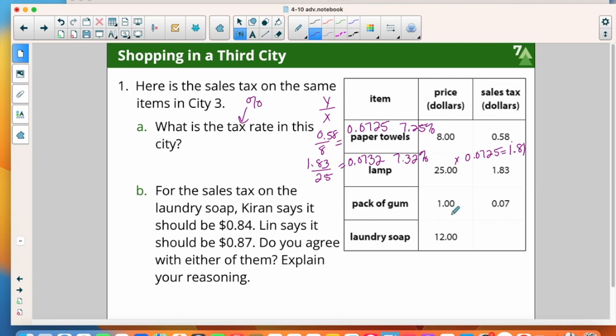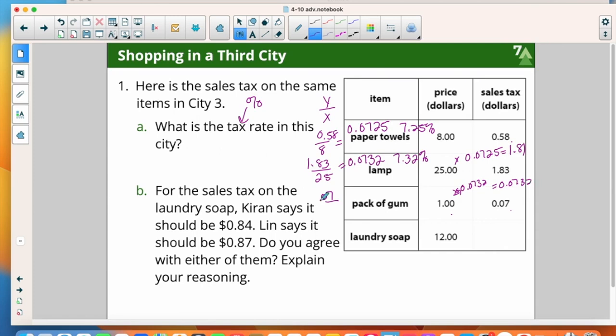But if I do that to my $1 pack of gum, I do get 7 cents. If I do the pack of gum without rounding, multiplying by 0.0732, rounded to the nearest penny would be 7 cents for a total of $1.07.